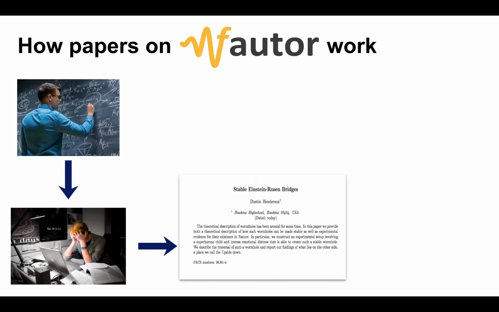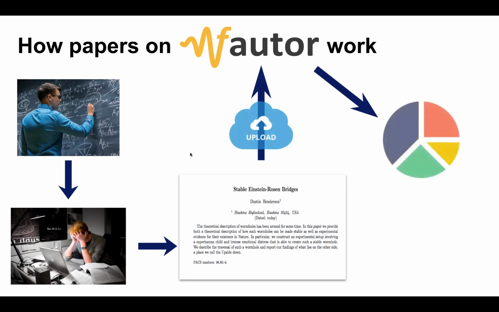But then you can also go to Fouter and you can upload this paper to the website. So you upload the paper to Fouter. Okay, so what happens then? Why would you do this? So once you've uploaded the paper, you can ask again for a number of shares of that paper and a respective price per share.